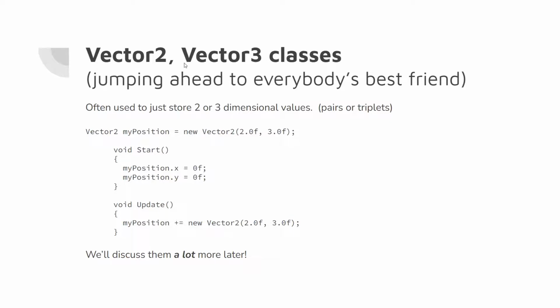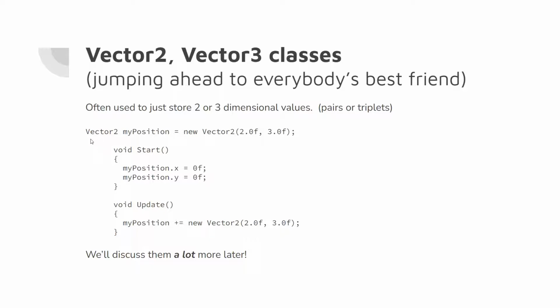Now, more complex data, you'll see that there are things like vectors, which might contain an x value and a y value, and a vector 3, which has an x value and a y value and a z value. So there's multiple components. This is going to be one of our best friends, right? And vectors are often used to store 2 or 3-dimensional values, or duples or triplets, right?